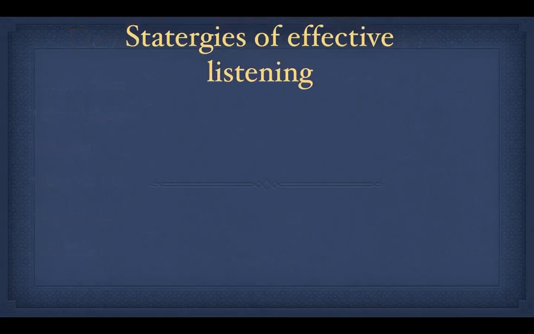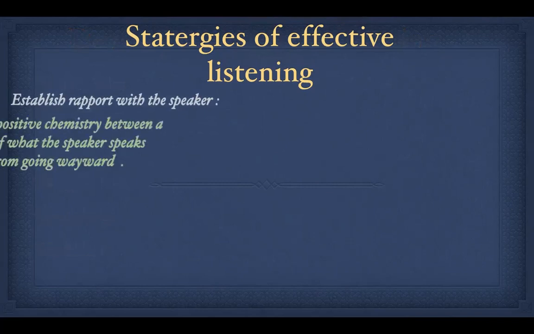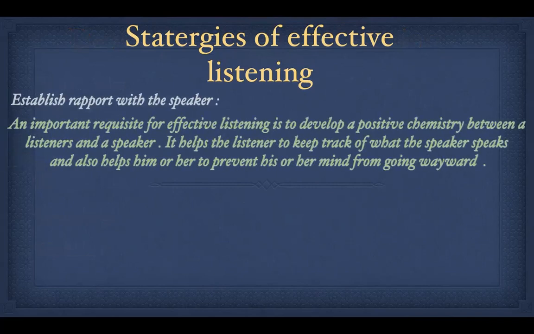Strategies of effective listening. What are the strategies of effective listening? Let's see the first: establish rapport with the speaker. An important aspect of effective listening is to develop a positive chemistry between the listener and the speaker. It helps the listener keep track of what the speaker speaks, and prevents the mind from being diverted.